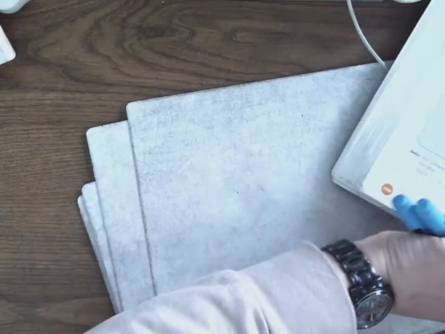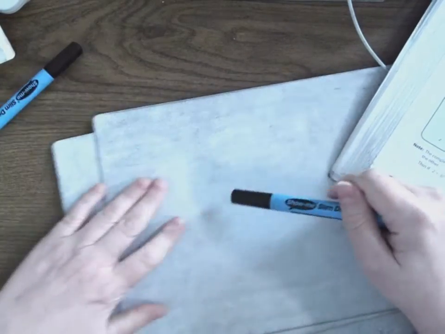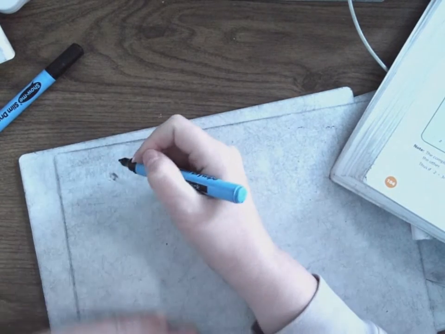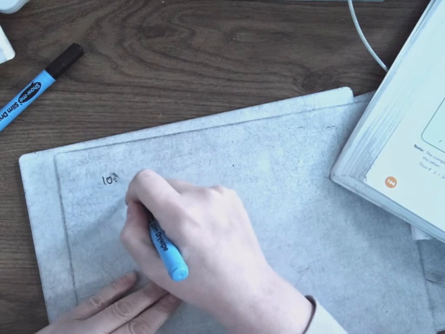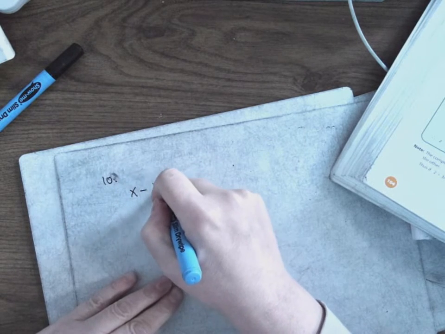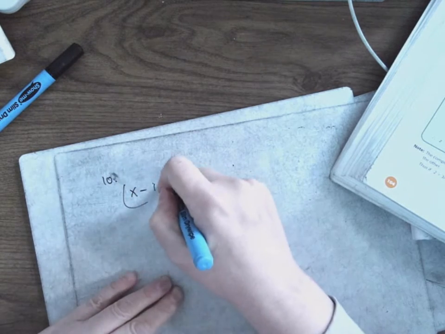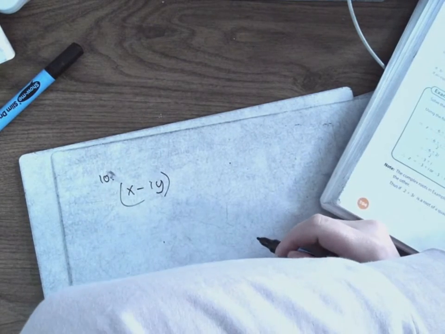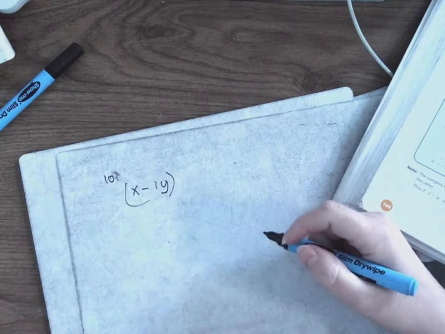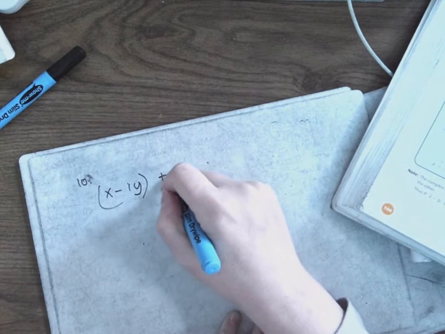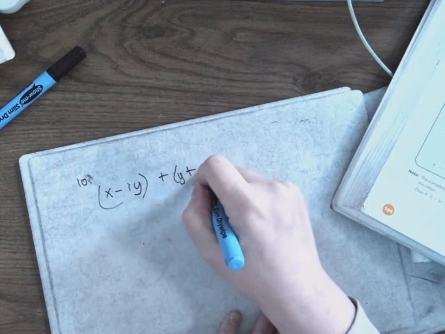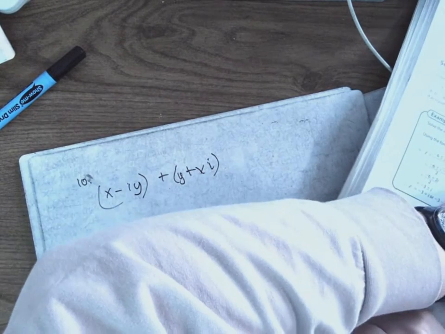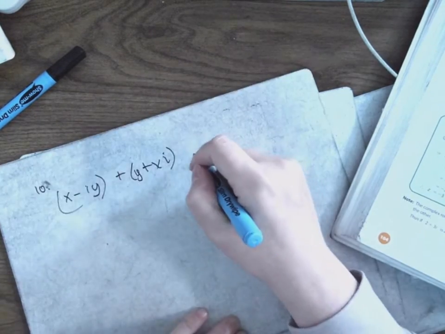Right, so number 10 reads (x minus iy) plus (y plus xi) equals 1 minus 5i.